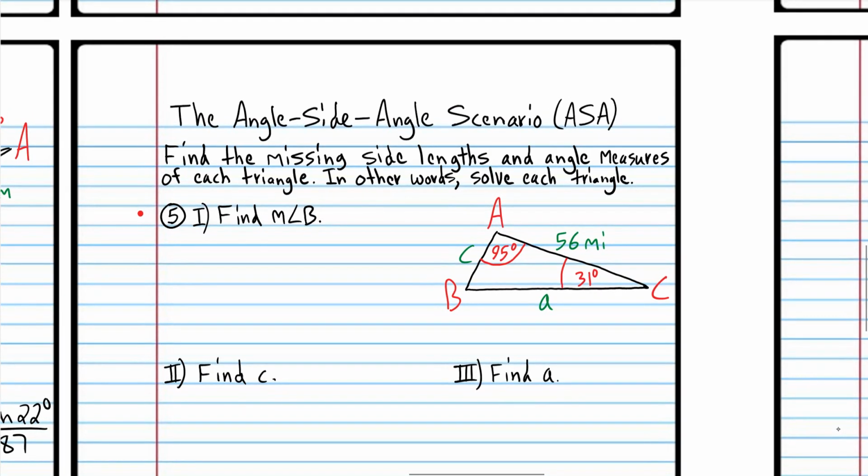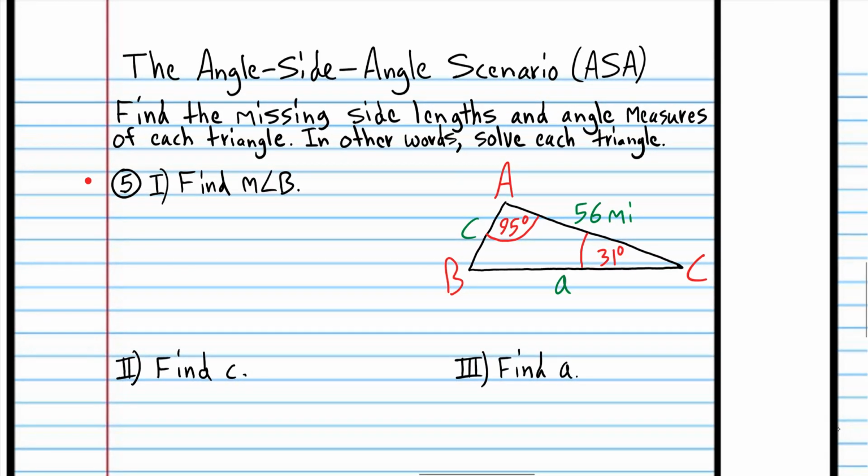But the other scenario is the ASA scenario, where we have two angles, in this case angle A and angle C, where we know the measures, and we have the length of the side that's between those two angles. Now in this case, again, we do the easiest thing first.